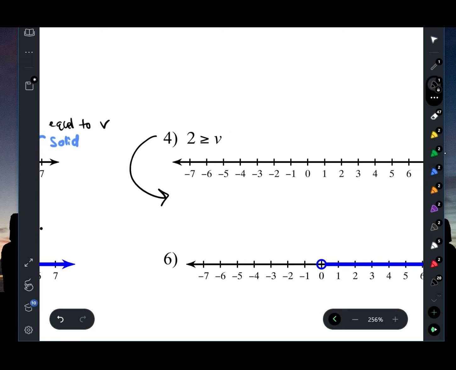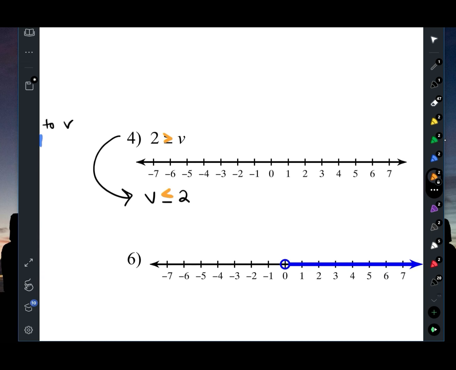Think of it instead as v is less than or equal to 2. This way you can see if I highlight 2 on the number line. And remember, going to use a solid circle and switching around to the left there. So v is less than or equal to 2.